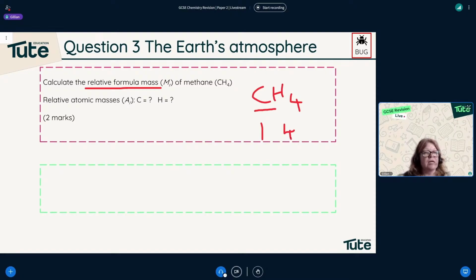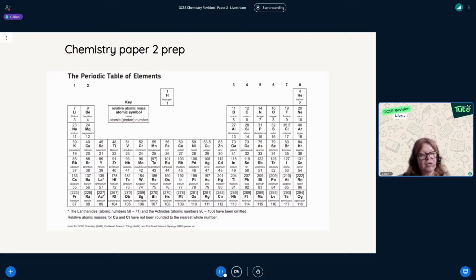And then what we need to do is we need to look at our periodic table. We need to get the relative atomic mass of carbon and hydrogen, and then we need to add it all together. Now remember, tomorrow, please make sure that you have got a periodic table. And it should look something similar to this.